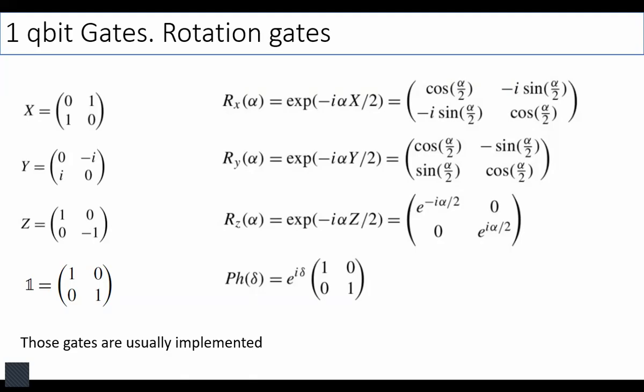They are called rotation matrices. If you are not comfortable with the exponent of a matrix, which is fine, you can just think of those formulas. So here it is just a rotation on a plane.